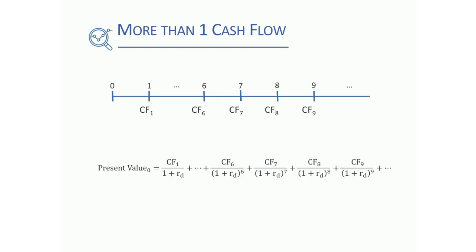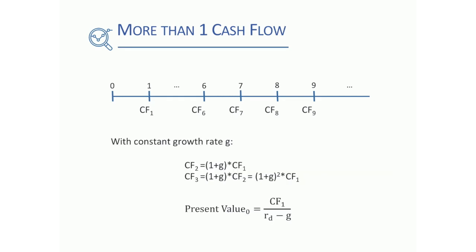And so just like we had here where the present value was the sum of all of the cash flows, each one discounted the appropriate amount of times, this formula is still true, but if you happen to have a series of cash flows growing at a constant growth rate, the sum of all of those simplifies to cash flow 1 divided by the discount rate minus that constant growth rate that you're using. Again, the growth rate is about the growth of the cash flows. The discount rate is there in order to convert future cash flows into the present.